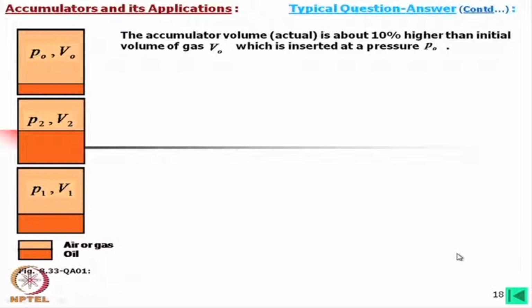Now, the actual accumulator volume is about 10% higher than this, which I have explained already. So, you can mention that, that is why the figure is like that.